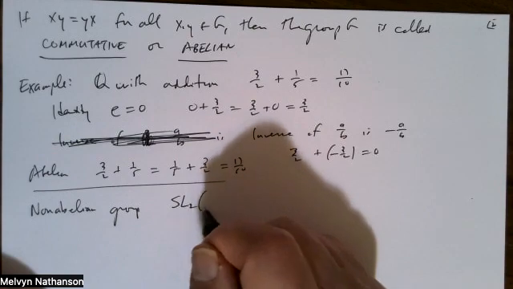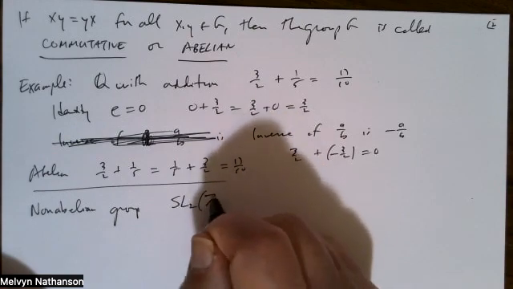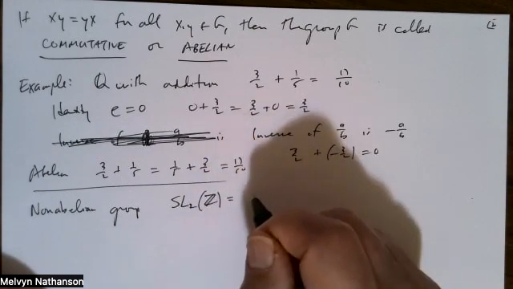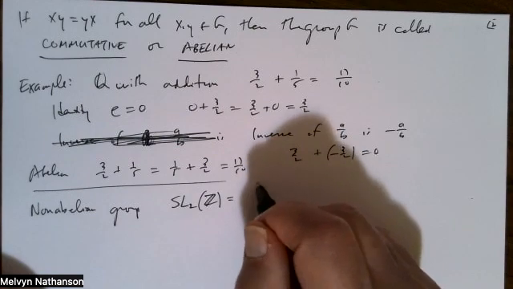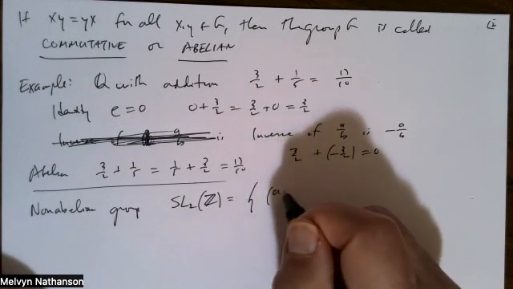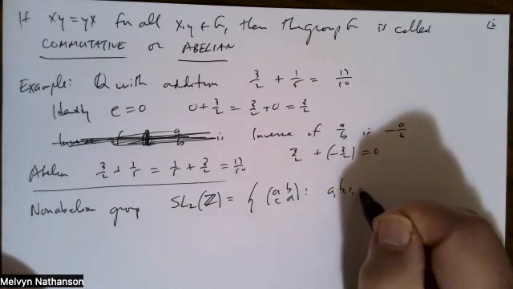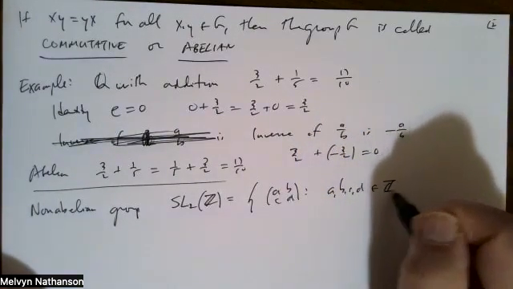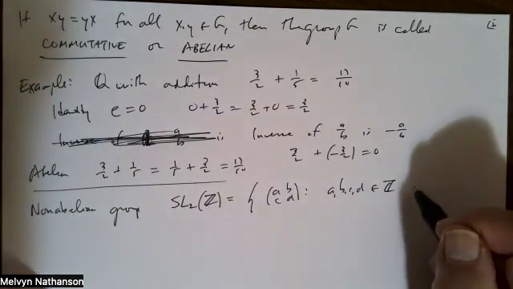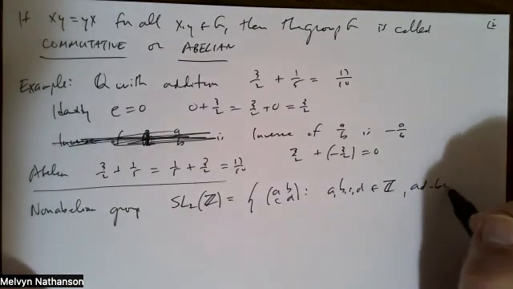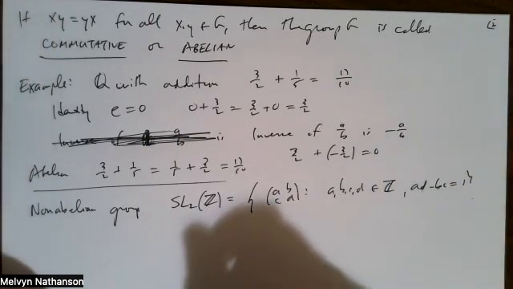Let's say SL2 Z. So this is going to be the set of all matrices A, B, C, D with A, B, C, and D integers, and determinant equal to 1.